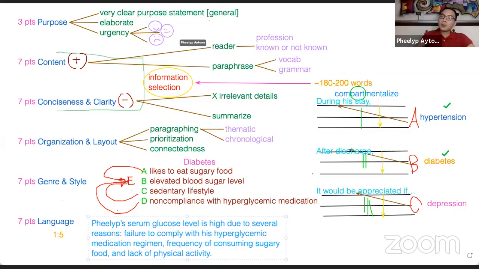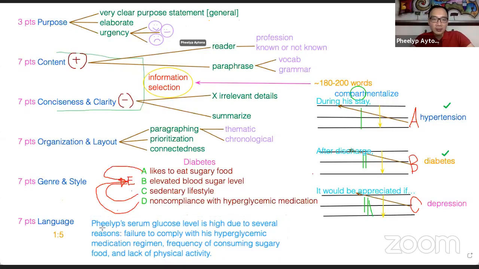Philip's serum glucose level is high due to several reasons: failure to comply with his hypoglycemic medication regimen, frequency of consuming sugary food, and lack of physical activity. Because I use a colon, is it clear what the relationship is here? I think so.